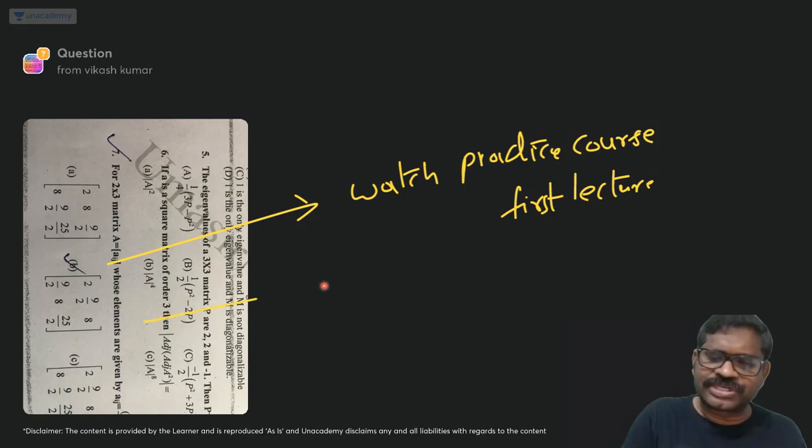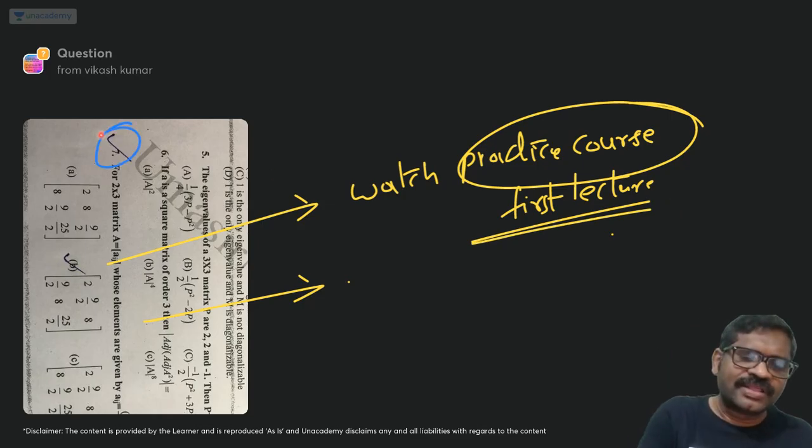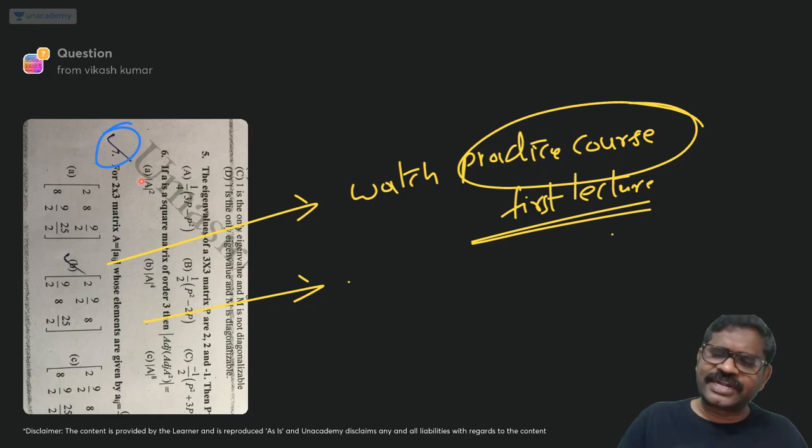All the solutions of this workbook are available in this practice course. You watch the first lecture, because your problem number is 7. The 7th problem I have solved in the first lecture. Last question, I did not understand the order of the augmented matrix.